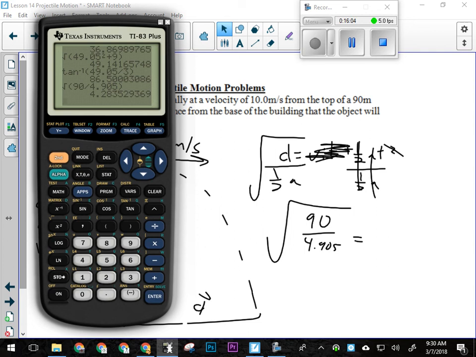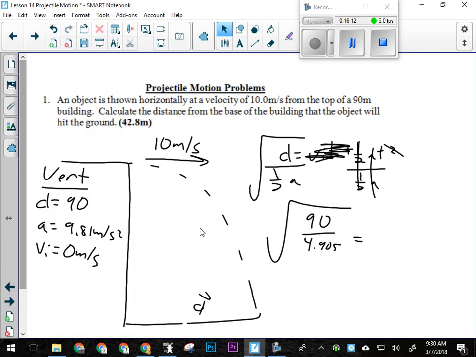Now that I know that time, I just have to multiply that by the horizontal speed to get how far it goes horizontally. So 42.8 meters. Okay. That making sense? There are those little things that we do have to memorize. One of them is that if it's thrown horizontally, VI vertical is 0.